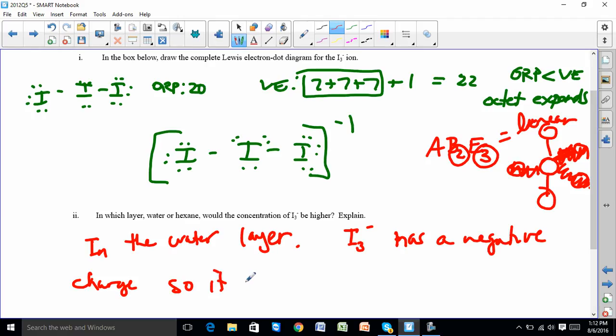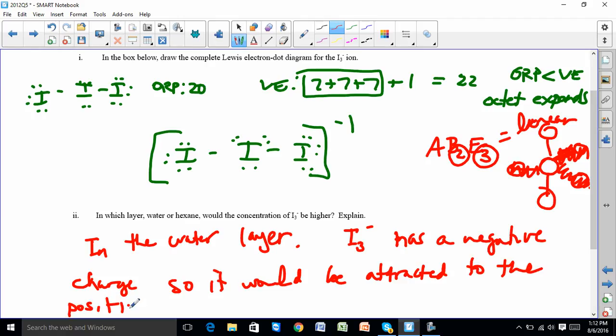So it would be attracted to the positive side of the water molecule.